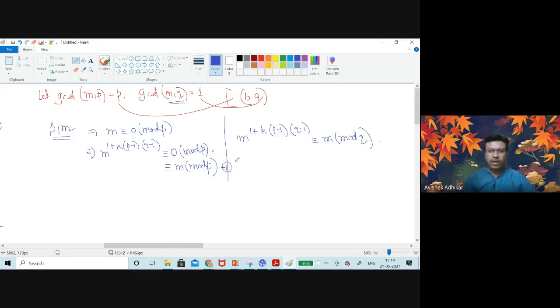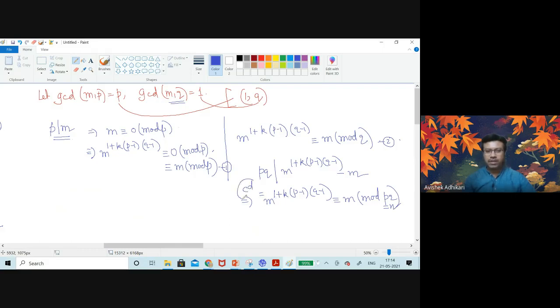So from 1 and 2, what you can say? pq divides m to the power 1 plus k into (p minus 1)(q minus 1) minus m, that is nothing but m to the power 1 plus k into (p minus 1)(q minus 1) congruent to m modulo p into q, that is equal to n, and that is nothing but our c to the power d.